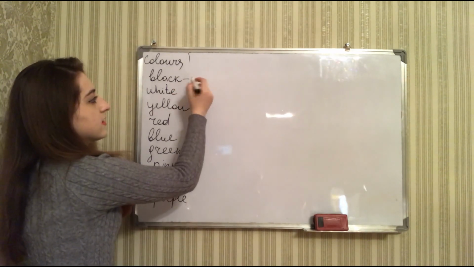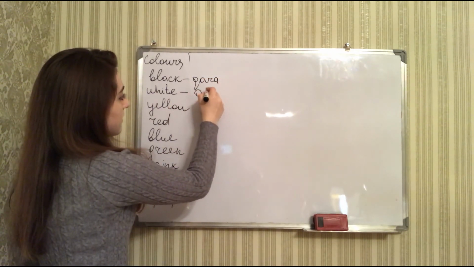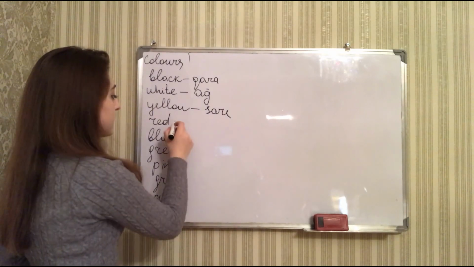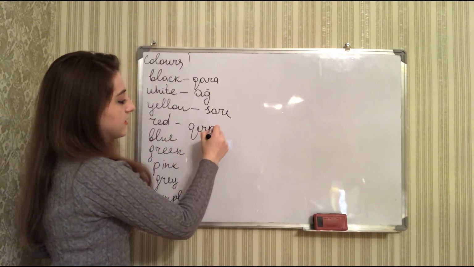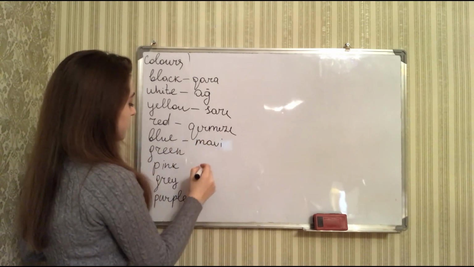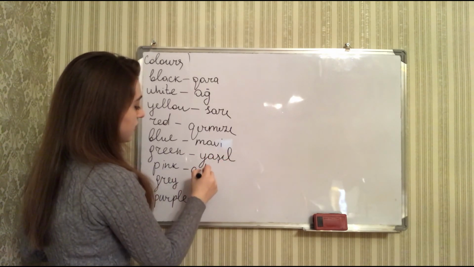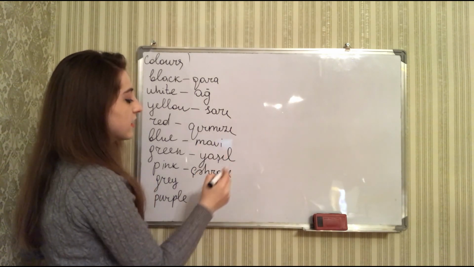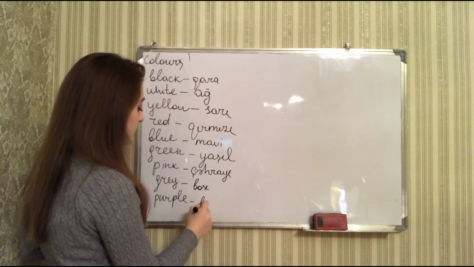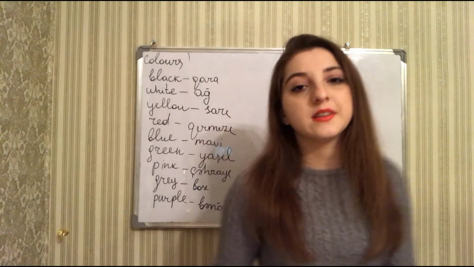Okay, so black, qara, white, ağ, yellow, sarı, red, kırmızı, blue, mavi, green, yaşıl, pink, çehrayı, gray, boz, purple, benefşeyi. Okay, reread.